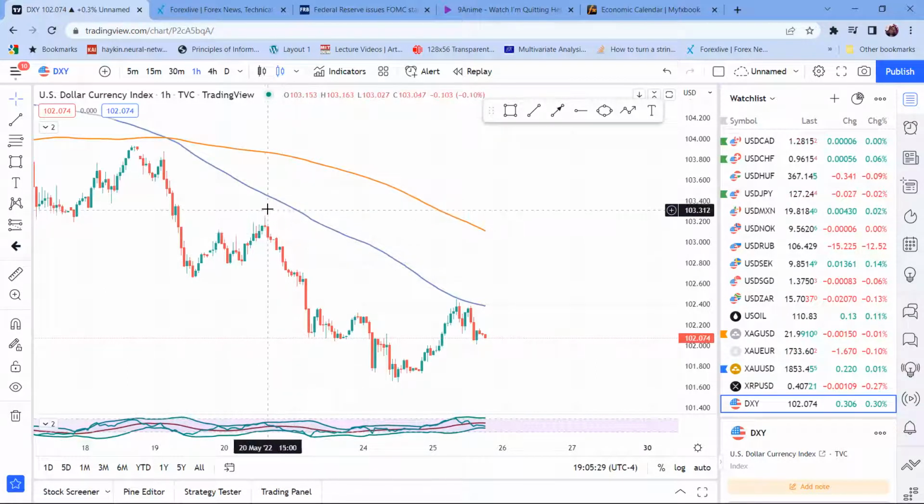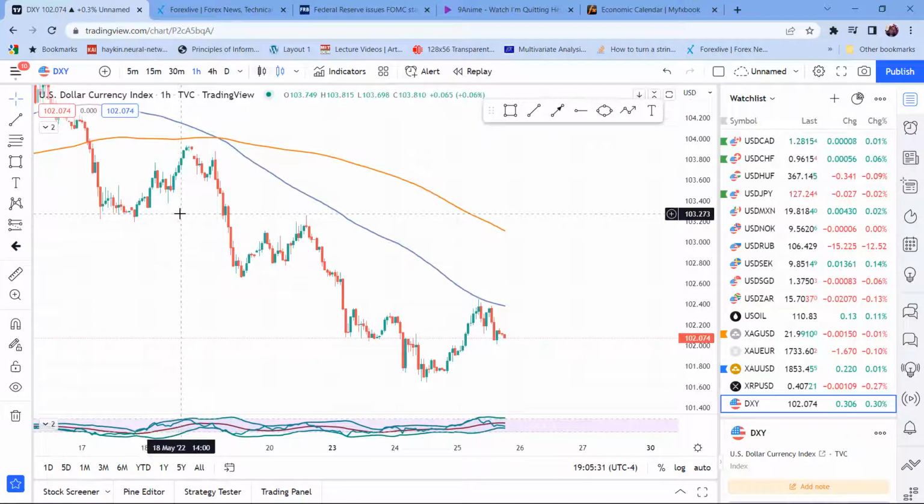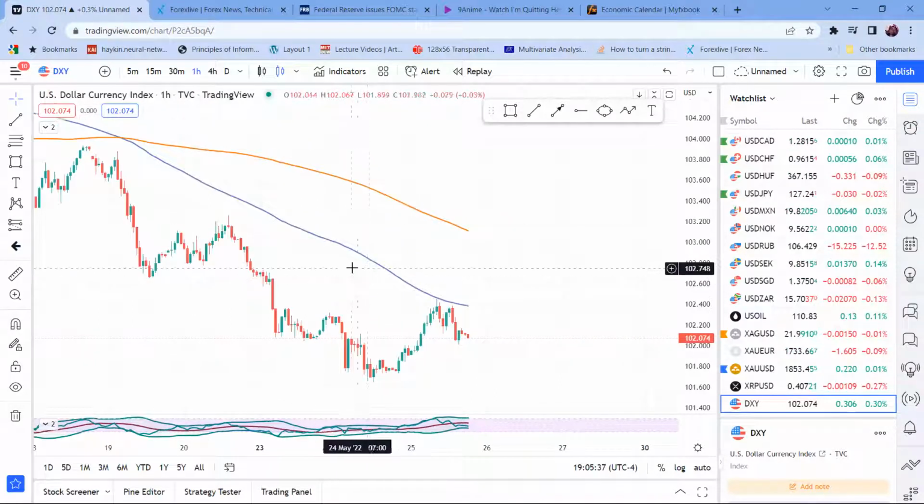One of the main things you need to keep in mind when doing fundamental analysis is that usually the bad things mean good for the future, right? So future expectancy is what really drives the market in certain directions.